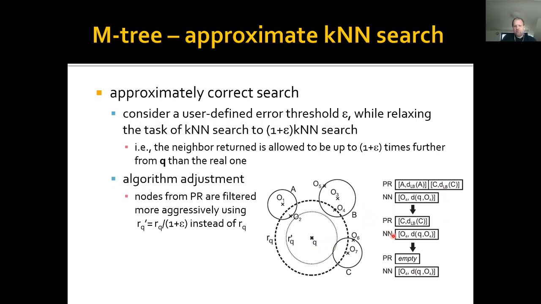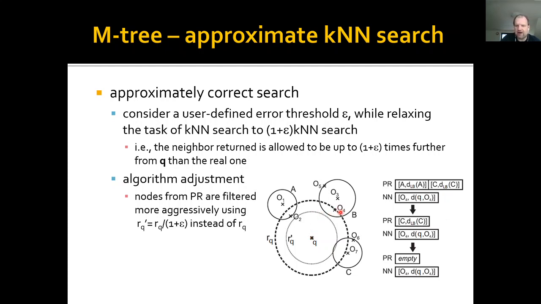What does it mean? We see that at the end we get object O4 as the final nearest neighbor to Q, and it's obviously false because the right one was O2, which is closer to Q. But because we have limited this jump, bounded by the 1 plus epsilon factor, we are not jumping to something that is completely out of the bound.